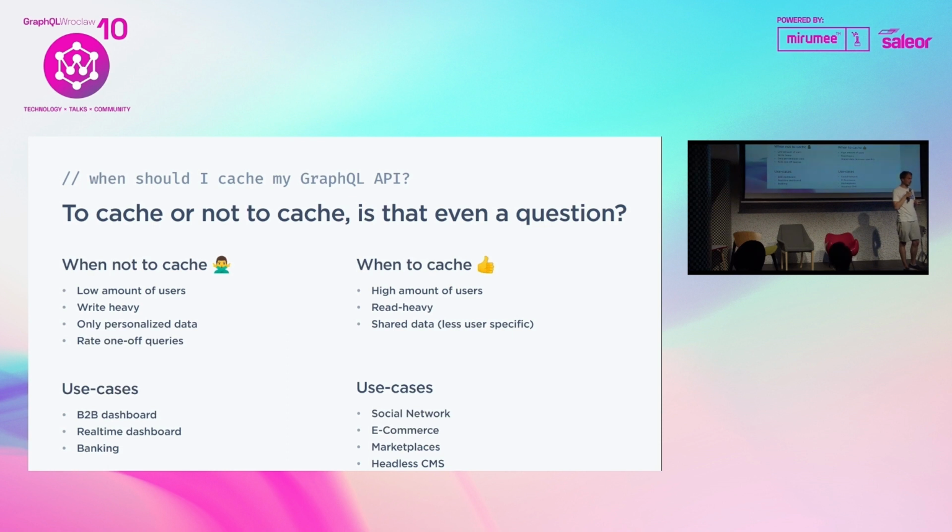Where caching is very useful, for example, is if you have a high amount of users, a lot of read heavy traffic, so most of the actual GraphQL requests are queries, and then if you have shared data, then it's very valuable. So examples are e-commerce. I mean, we have the Celia people here. They know why that makes a difference.